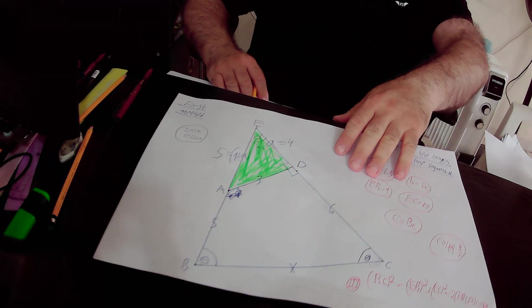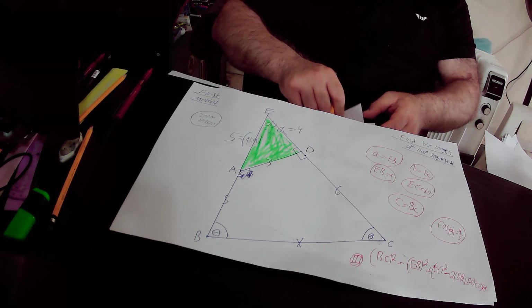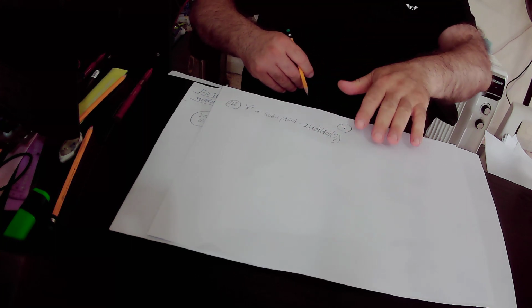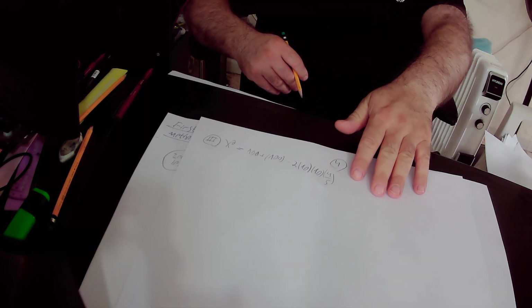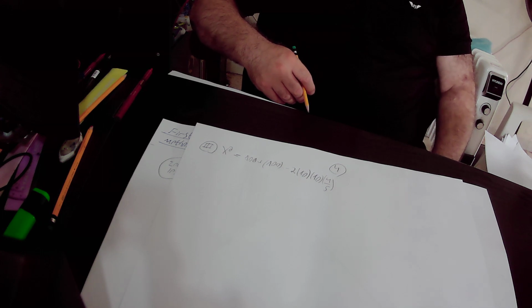So, in conclusion, according to equation number 3, x squared equals 100 plus 100 minus 2 times 10 times 10 times 4 over 5.